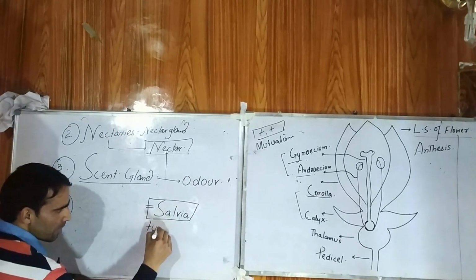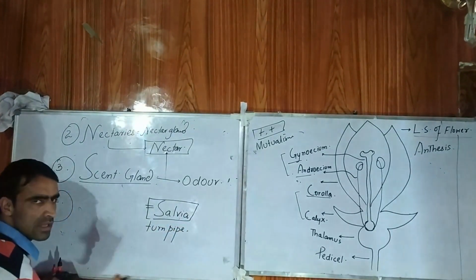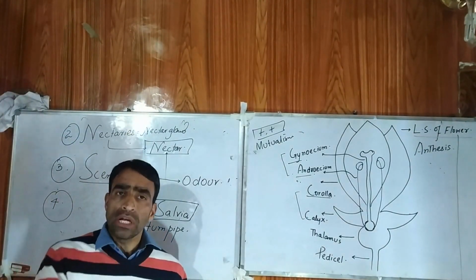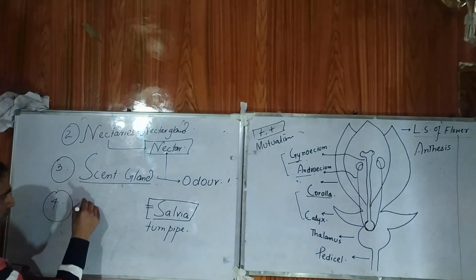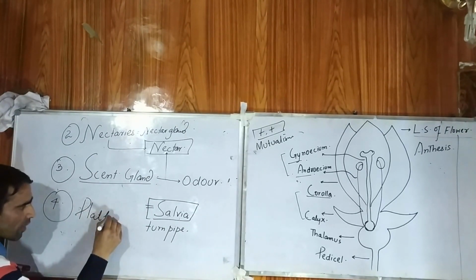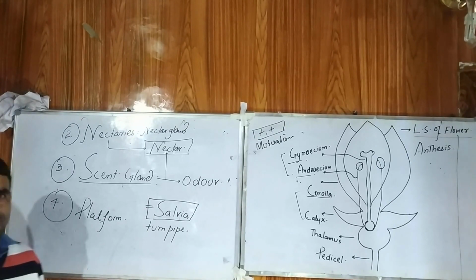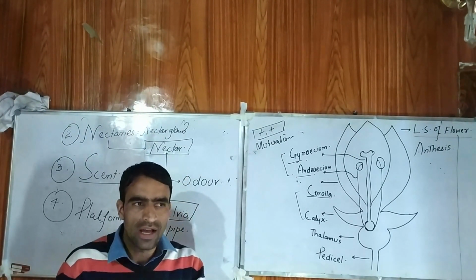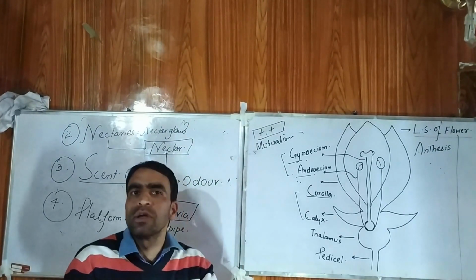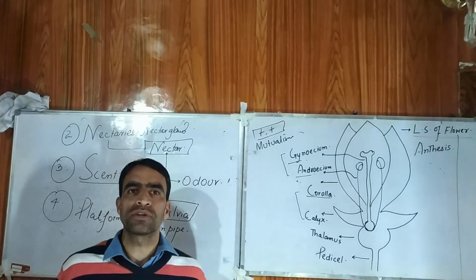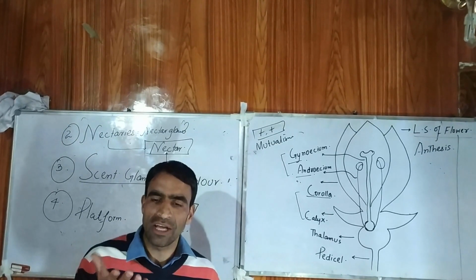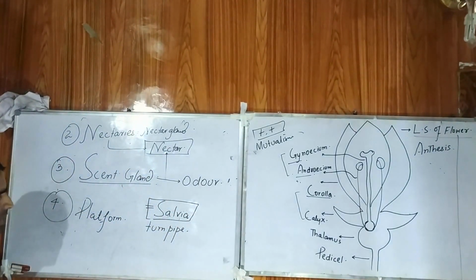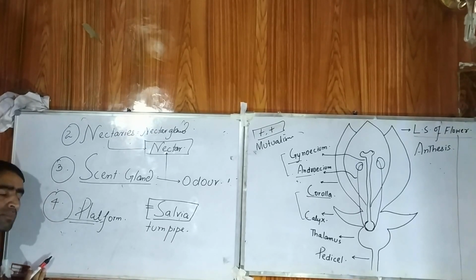But this is an example of lever mechanism. लेकिन जब साल्विया के लिए एक बी आती है, जब इस फ्लावर के लिए एक बी आती है, this bee sits on this special platform made by those petals. कहने की बात यह है कि कुछ पेटल्स एक बेस बना लेते हैं, एक प्लेटफॉर्म बना लेते हैं, ताकि एक पॉलिनेटर आए that gets sit on this platform and later on efficient mode of pollination takes place. We have to say कि पेटल्स एक पॉलिनेटर के लिए एक बेस, एक प्लेटफॉर्म बना सकते हैं ताकि यह आए और efficient mode of pollination हो सके. Hence, this is the fourth role that petals make the platform, make the base.